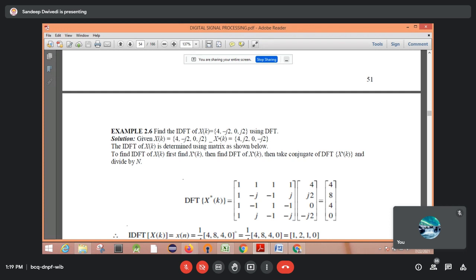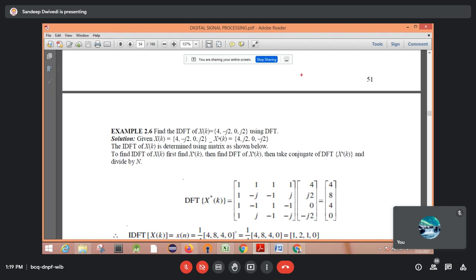One more question I will take, and then we will go for the 8-point DFT. I will tell you how you can obtain the 8-point DFT. I'm not taking this question from this notebook or this PDF.